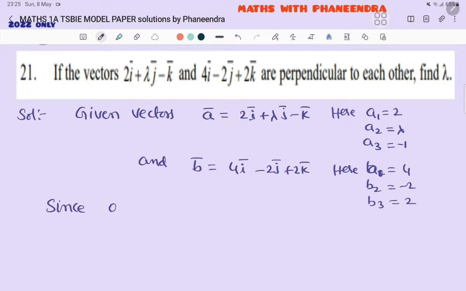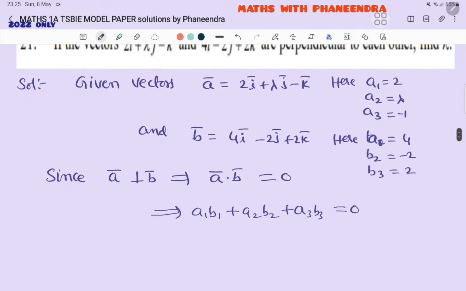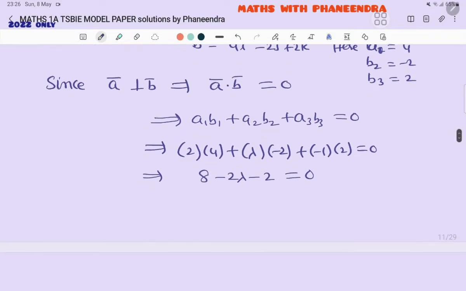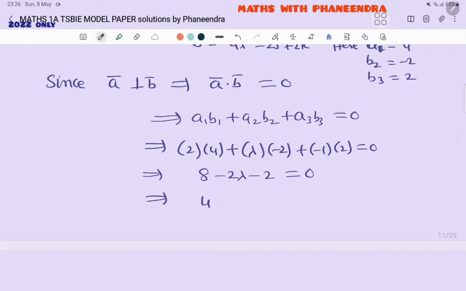Since A bar is perpendicular to B bar, that implies that A bar dot B bar is equal to 0. That implies A1 B1 plus A2 B2 plus A3 B3 is equal to 0. So the respective values substitute: 2 into 4 plus lambda into minus 2 plus minus 1 into 2 equal to 0. So that implies 8 minus 2 lambda minus 2 equal to 0. 8 minus 2 is 6. 6 minus 2 lambda equal to 0.